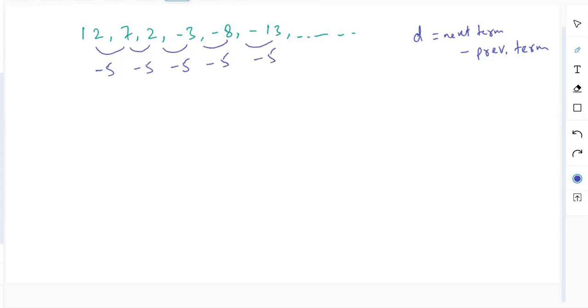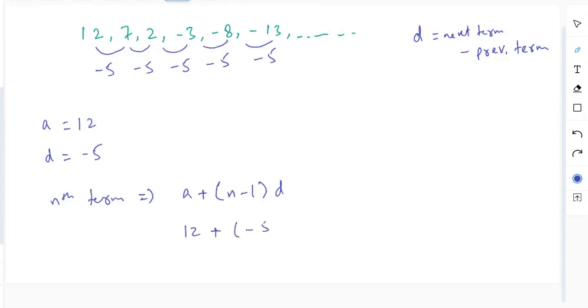How do you find the nth term of this formula now? Your first term is 12. Your difference turns out to be any of these differences. तो सारे माइनस 5 आ रहे हैं. So nth term क्या हो जाएगी फिर? Your nth term is going to be equal to a plus n minus 1 times the difference: 12 plus n minus 1 into minus 5.